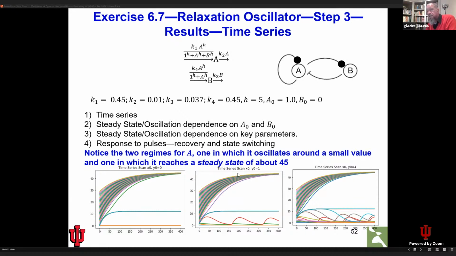But to see that second steady state, I have to go out to 50. And so you may want to actually do two simulations, one of which you scan the values of A and B between 0 and 10, and the other one of which you scan the values of A and B between 0 and 50. Otherwise, it's a little bit hard to see what's going on. That's an easy thing to change in your simulation.